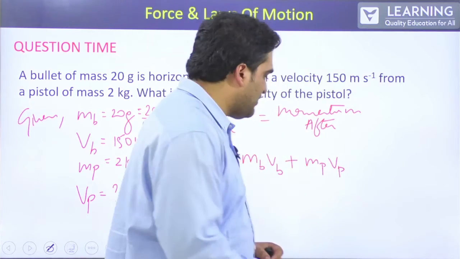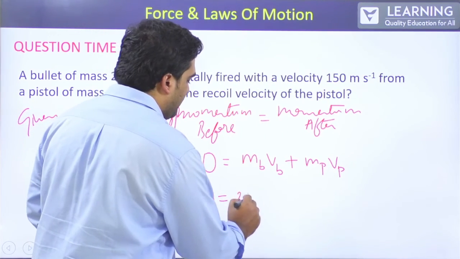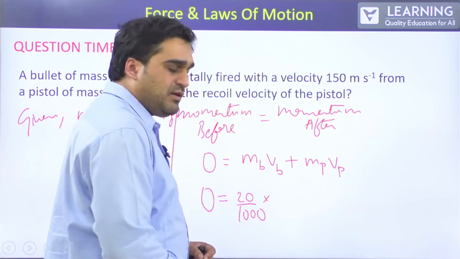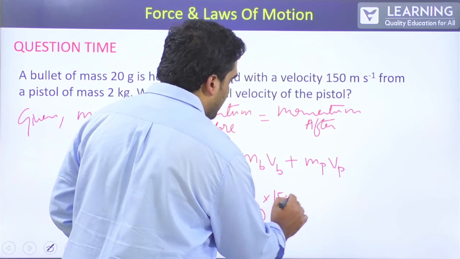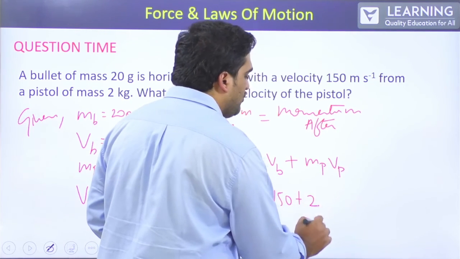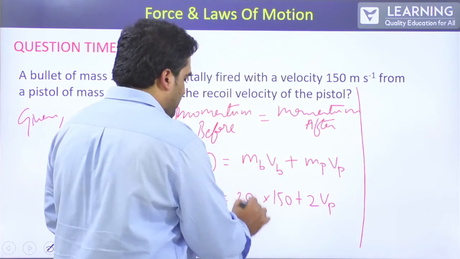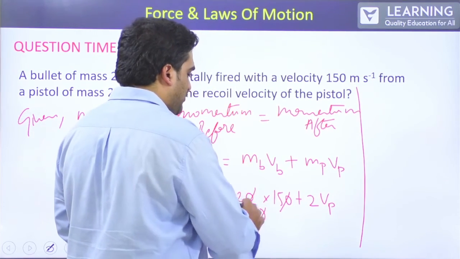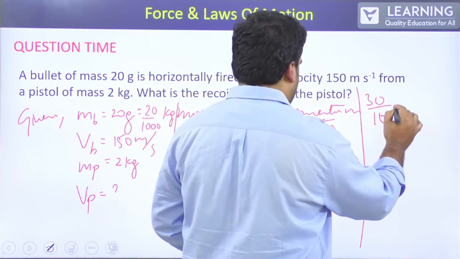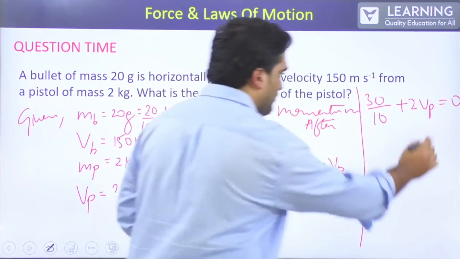Next, substitute to find Vp. Mass of bullet 20 by 1000, velocity of bullet 150, plus mass of pistol 2 times velocity of pistol Vp, which is equal to 0.